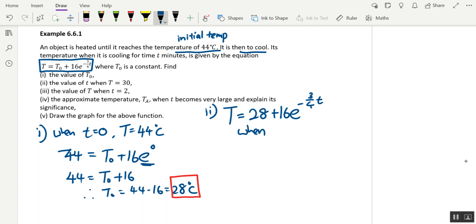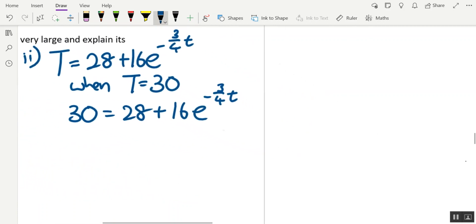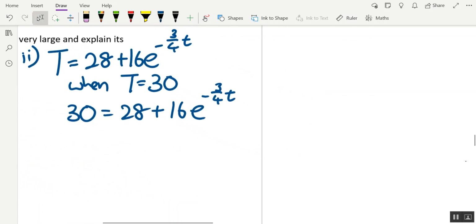The question asks, what is the value of small t when big T is equals to 30? I put in 30 equals to 28 plus 16 e to the power of negative 3 over 4t. Now at this part, students will see the e and get very excited to use ln already, but you cannot do that. You can only use ln if there's only e to the power of something on one side.